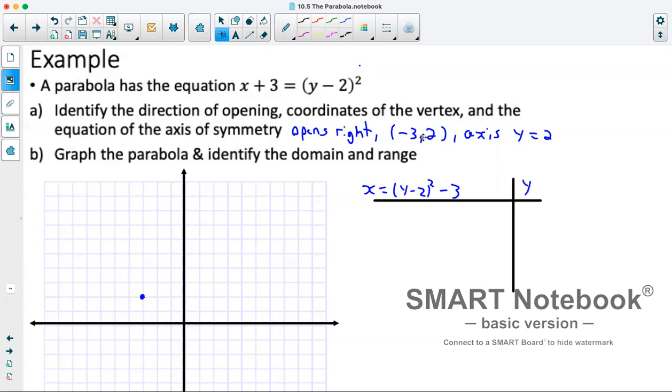Now, we know our vertex is at (-3, 2), so I'd have that here, then probably do 0, 1, 3, and 4. So if I put 0 in, I've got (0 minus 2) squared minus 3. So 0 minus 2 is -2. -2 squared is 4. Minus 3 is 1.